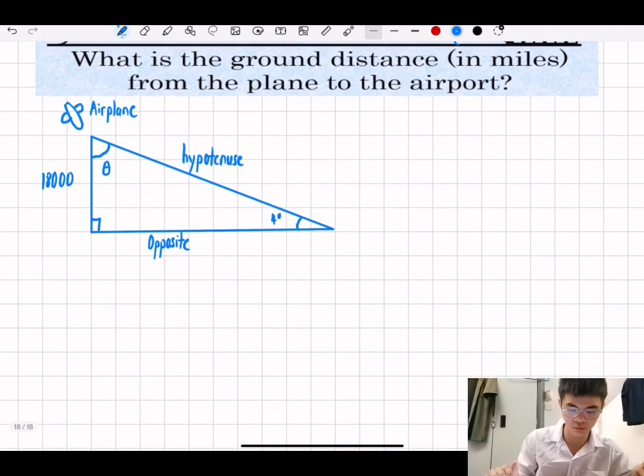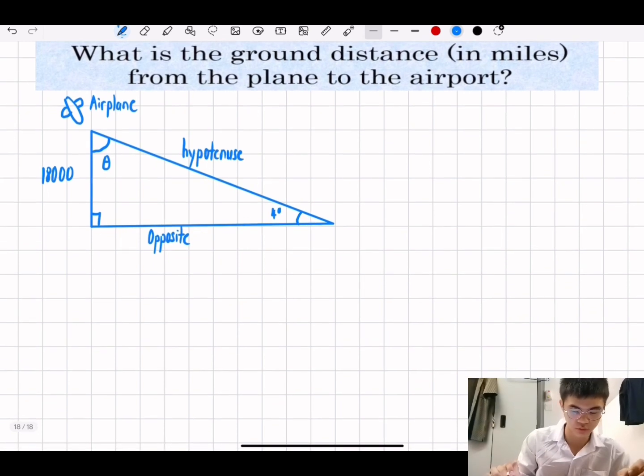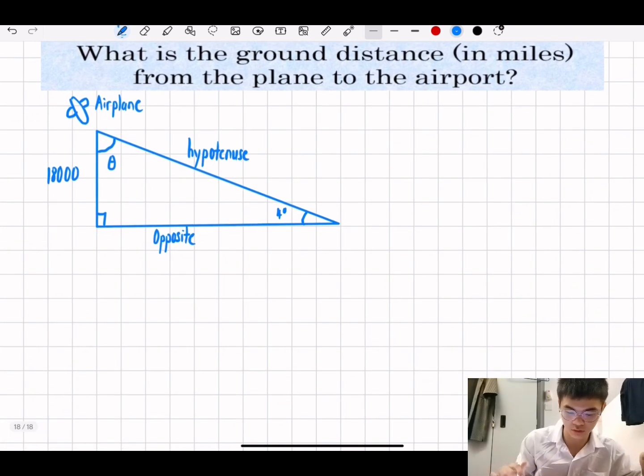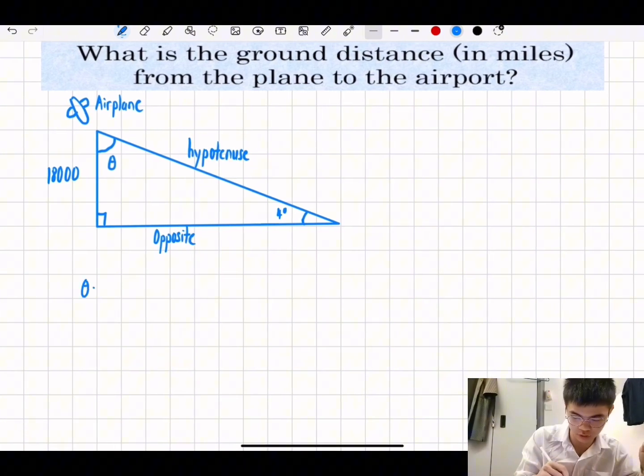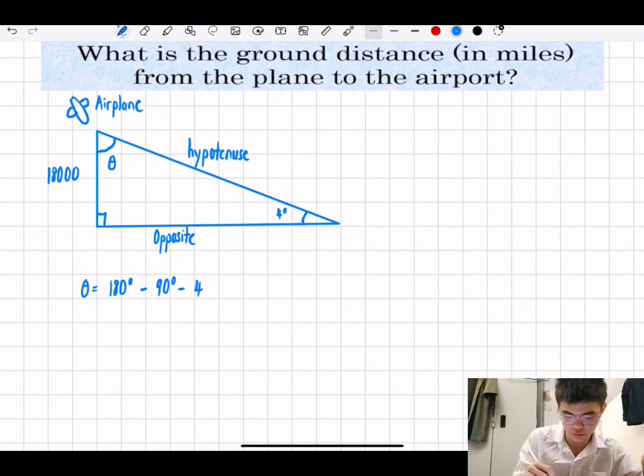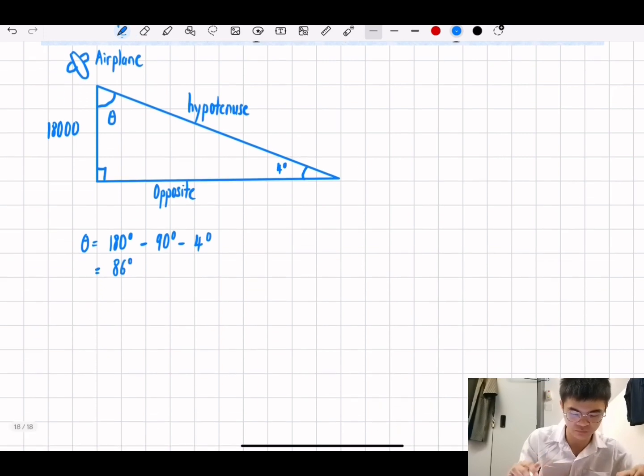So now we can calculate the angle theta. Theta is equal to, as we know that a triangle is 180 degrees, so we have to subtract 90 degrees and 4 degrees. So it is equal to 86 degrees.